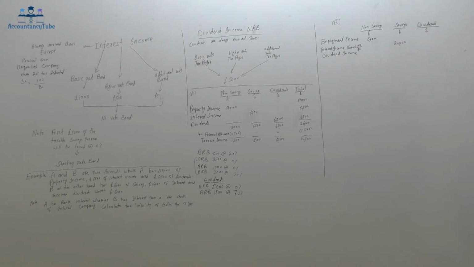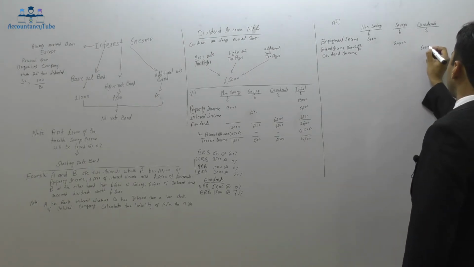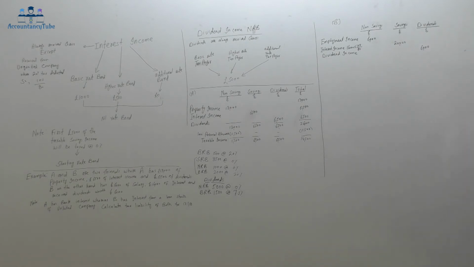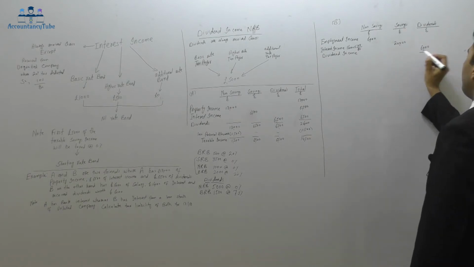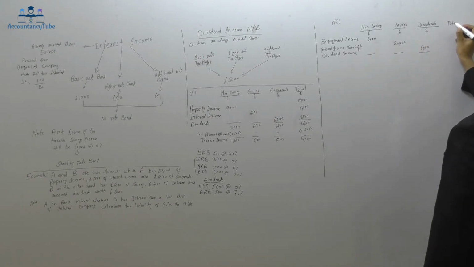So the next thing is to put the dividends in. The dividends he received are £6,000, so £6,000 of dividend income will come into the dividends. Alright, so these are the sources of income of B. If we total that, £6,000, then £20,000, and then £6,000 again, which makes a total of £32,000.